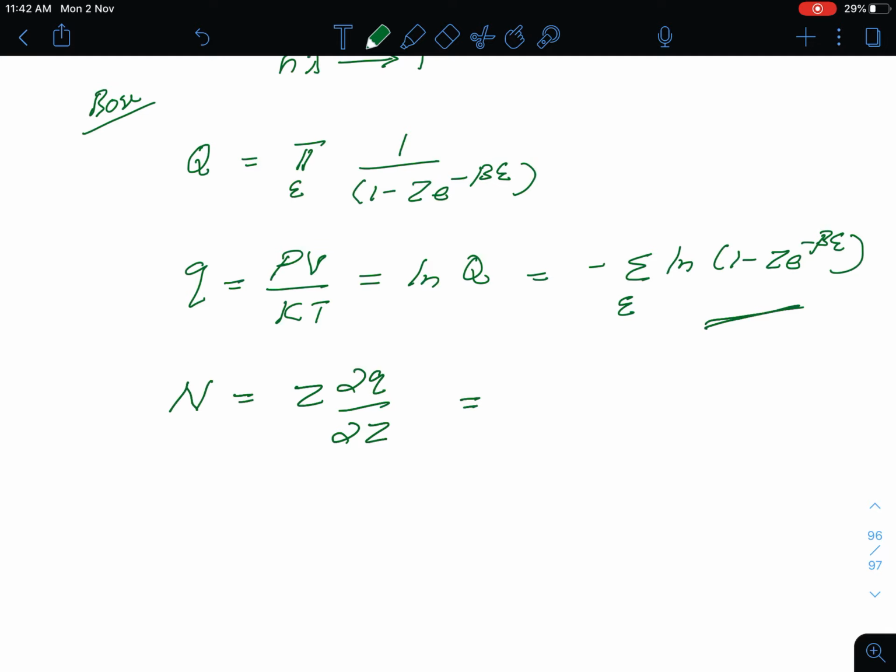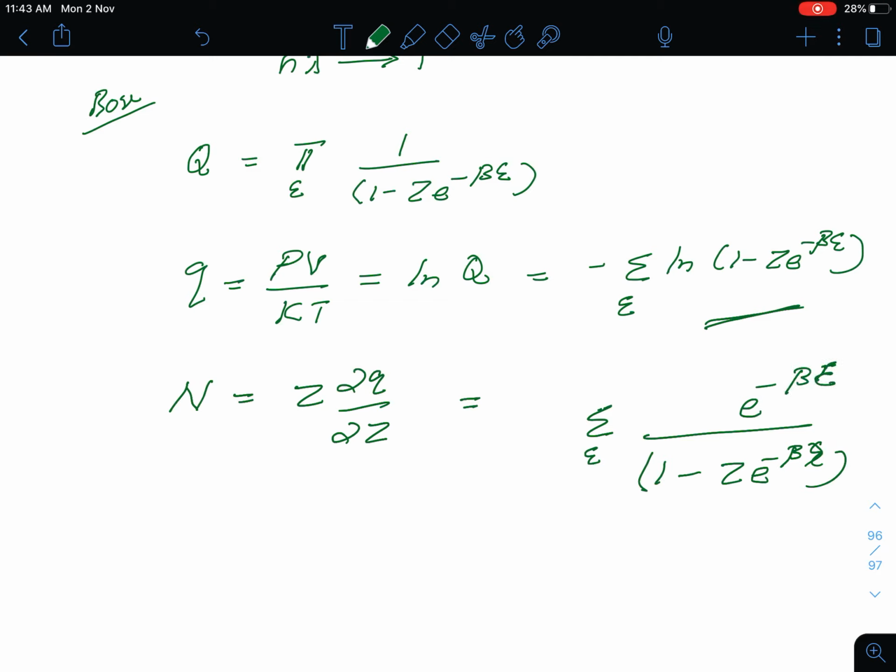So dou ln Q by dou z is simply, what do you get? Sigma e of 1 by 1 minus z e raised to minus beta e, then you have a dou by dou z of the denominator, so e raised to minus beta e.